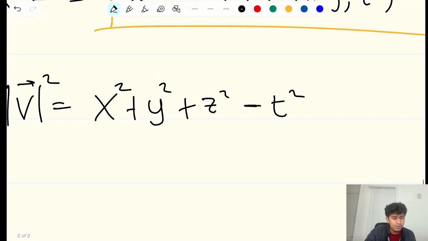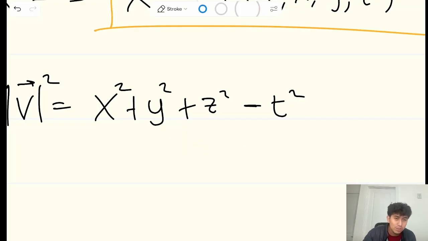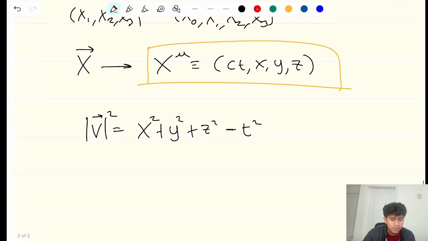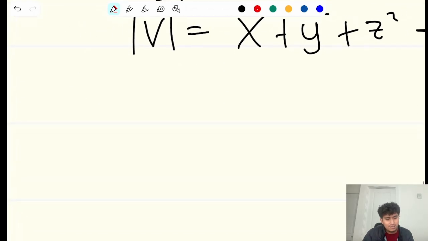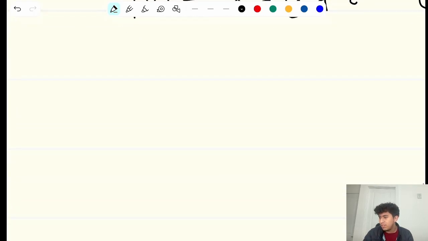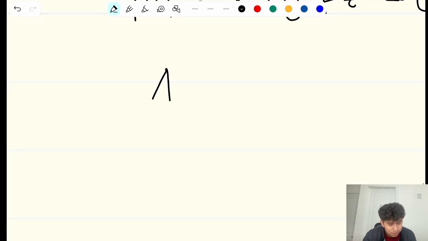It has to have a minus sign because whenever you do measurements, nature just tells you it has to be a minus sign. If you try a plus sign, it doesn't work. But if you try a minus sign, it works. So cool. Technically these are going to be pseudo vectors. Don't worry about that. Just remember that a 4 vector is going to have this invariant interval, or also just the modulus.